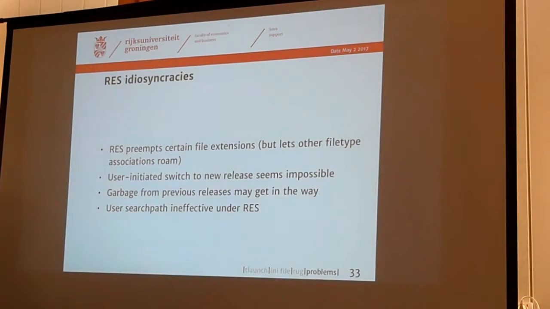They cannot do it at the moment that they choose themselves. Plus, there may be glitches in the system, and then old settings may keep getting in the way. Plus, the user search path doesn't work. I mean, the registry entry is there, but it's ignored by all other programs.